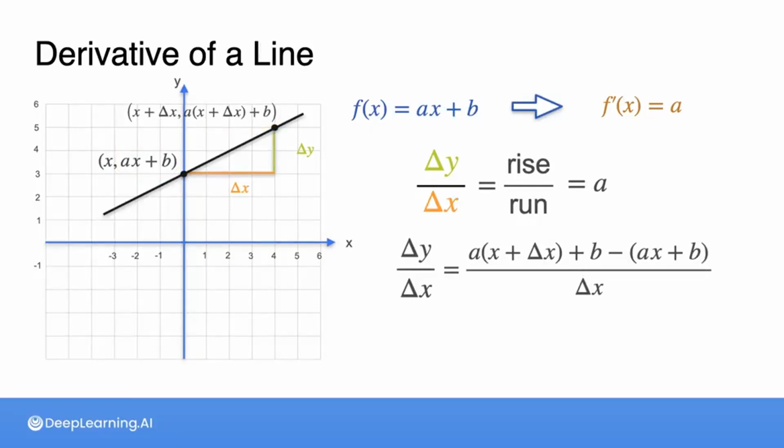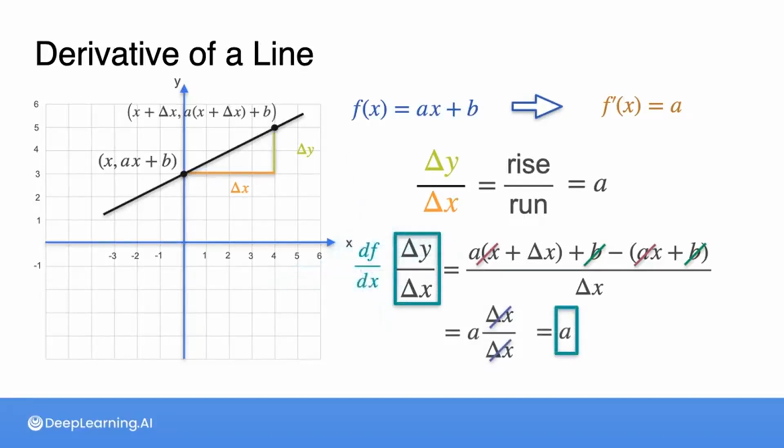And the denominator is delta x. So a lot of things cancel out here. This ax cancels out with this ax. This b cancels out with this b. And then we have a times delta x over delta x. The two delta x's cancel out. And the slope is a. Therefore, the derivative of the line with equation ax plus b is the slope a.